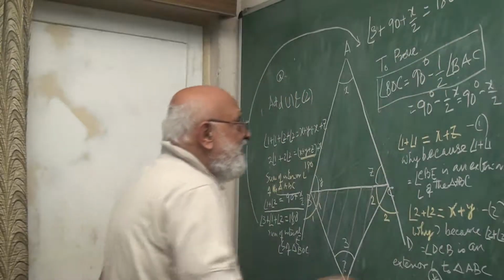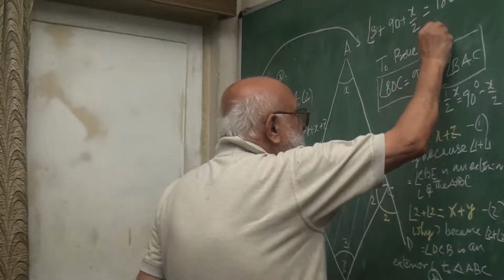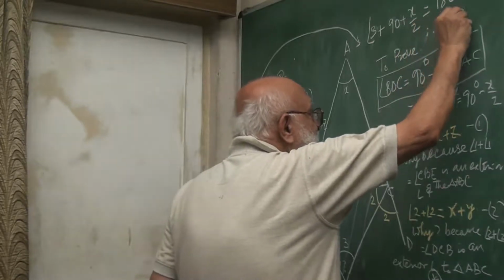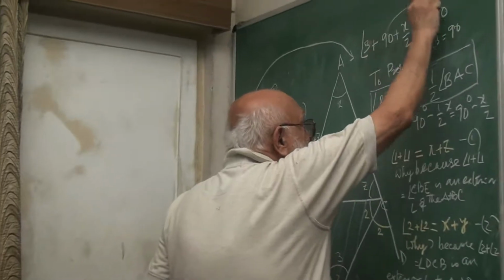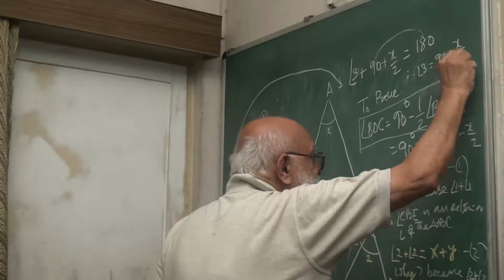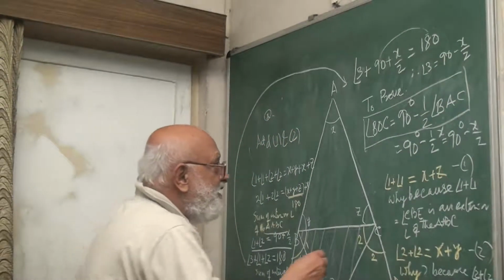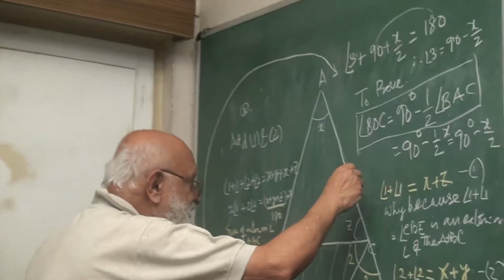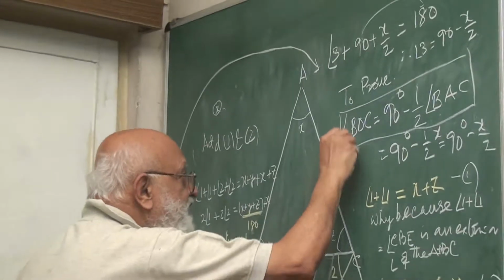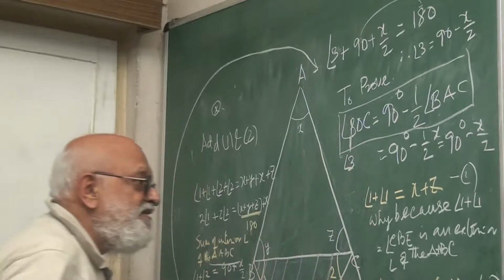Therefore angle 3 is equal to 90 degree minus x by 2. What is angle 3? Angle 3 is nothing but angle BOC. In our notation, this is angle 3.